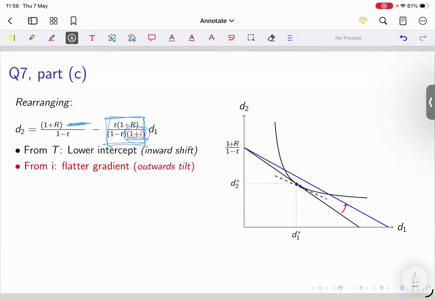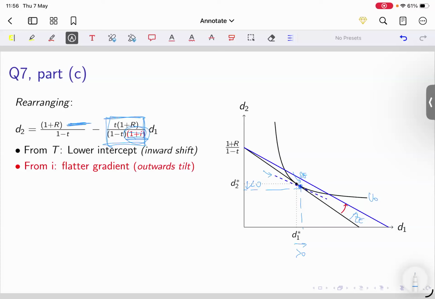This is the same as the first question we had. We have a substitution effect. Here I find the point on the initial indifference curve that has a tangent line with the same gradient as the new one. And you see that indeed this substitution effect is negative for D2, positive for D1. And then an income effect as well. This is also positive.